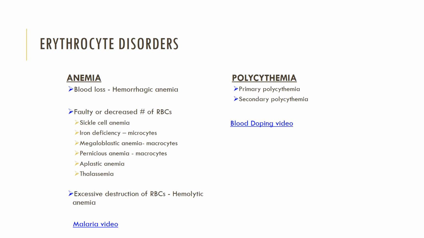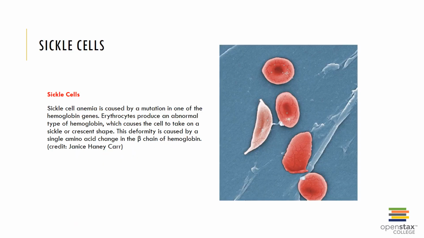Secondary polycythemia results from low oxygen concentrations, such as high altitudes, lung disease, or even smoking. It can also be caused by blood doping and blood transfusion. Here you can see sickle cell anemia and the sickling or S-shaped red blood cell.